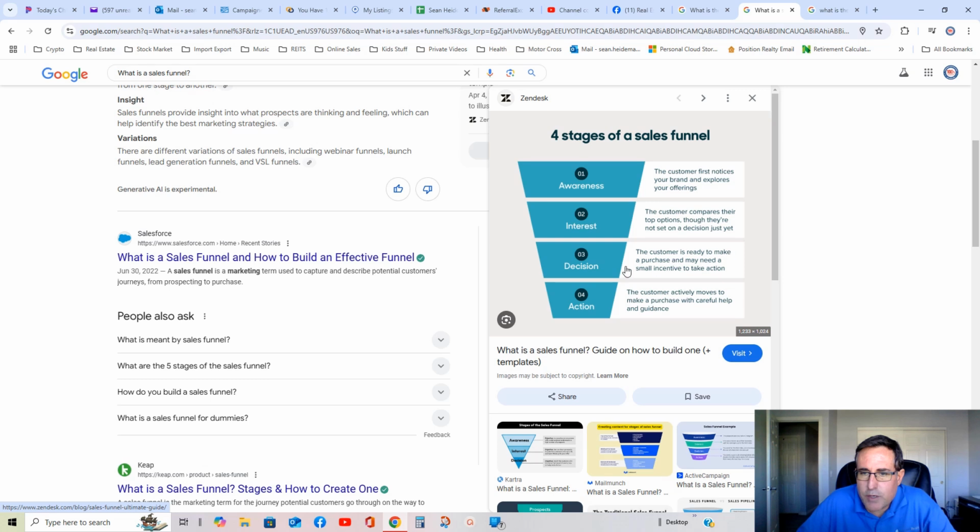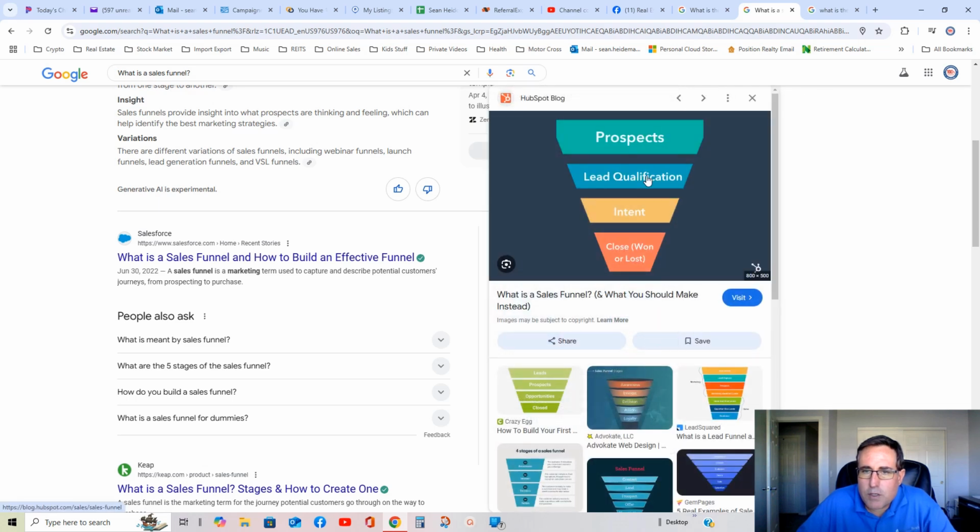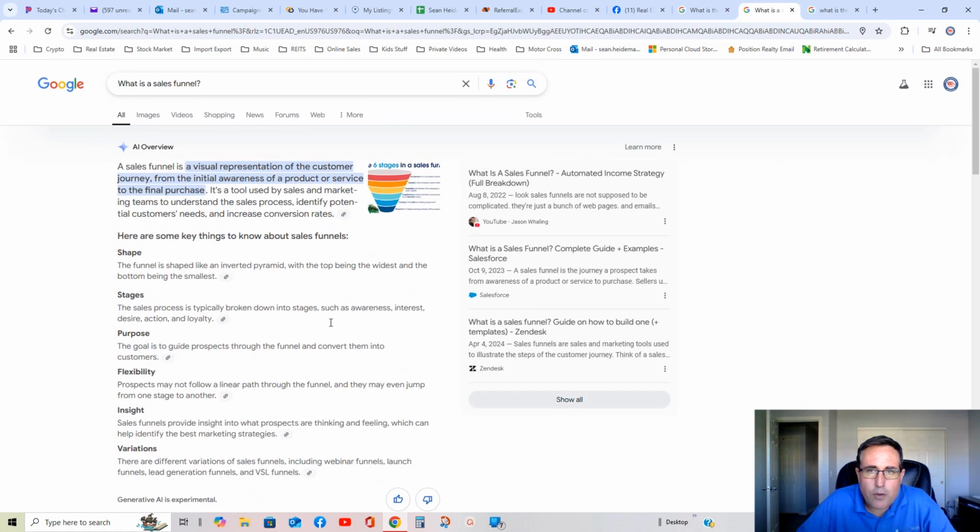The decision: the customer is ready to make a purchase and may need a small incentive to take the action. Then action: the customer actively moves to make a purchase with careful help and guidance. So that's another depiction. I think we already went over that one. Prospect, lead qualification, intent, and then closing, or you won or you lost. So that is the sales funnel.